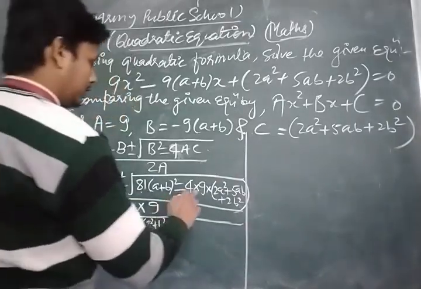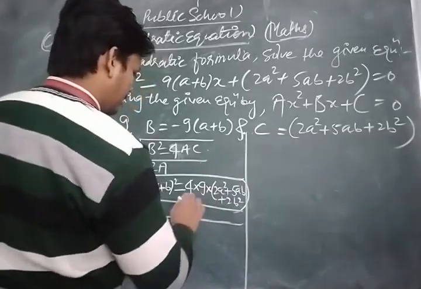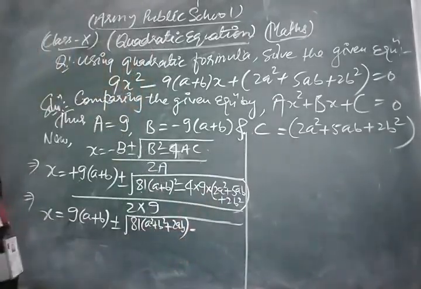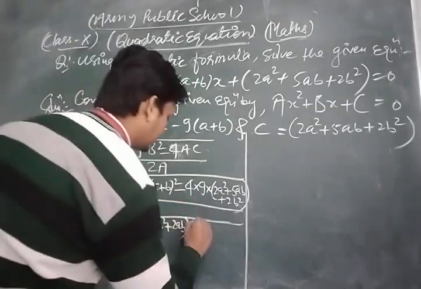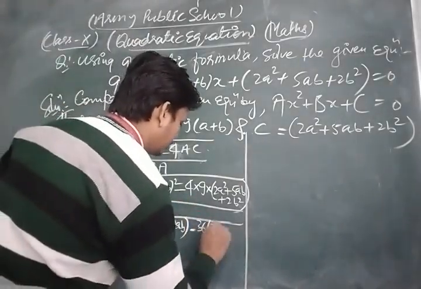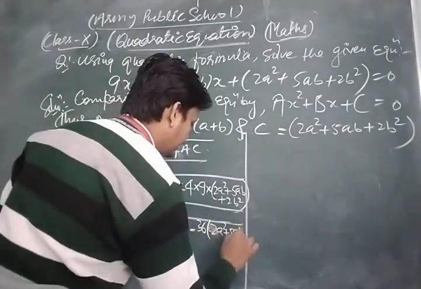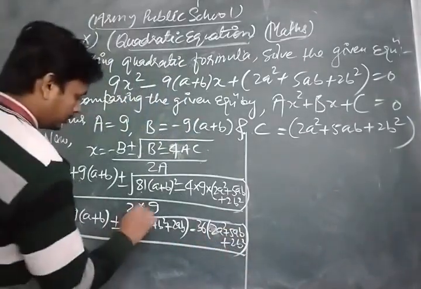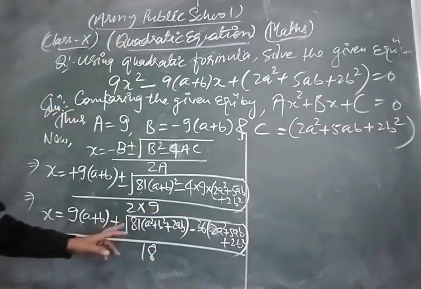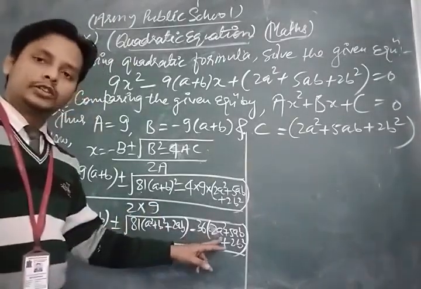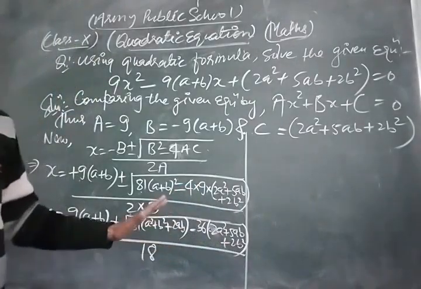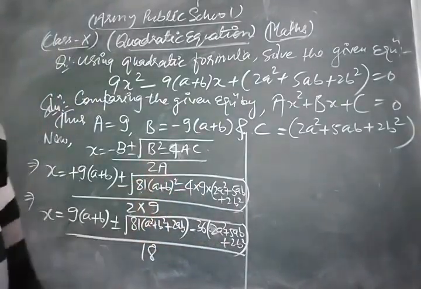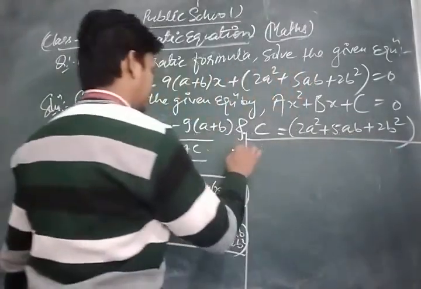Now minus 36 into bracket 2a square plus 5ab plus 2b square, and the whole upon 18. After multiplying these terms and simplifying, we get the following.